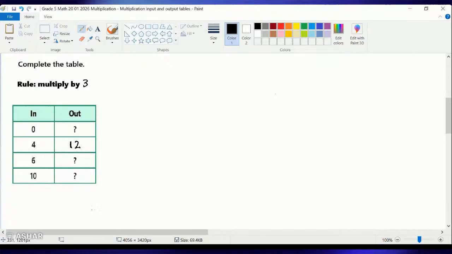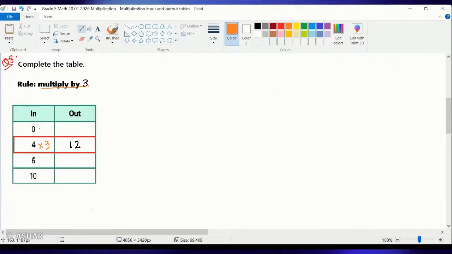So what we need to look at is either we read the rule or we find the answers ourselves, right? What we can do is 4 and 12 are given to us. In order to change 4 into a 12, what do we need to multiply it with? We need to multiply it by 3. 4 multiplied by 3 would be 12. Agreed? Let's try to find the missing values.